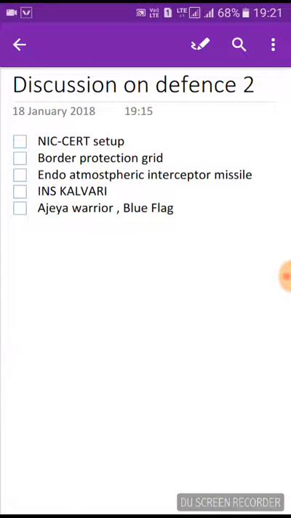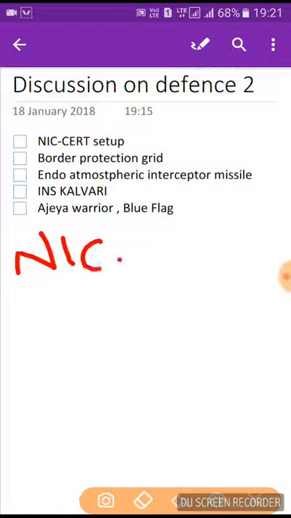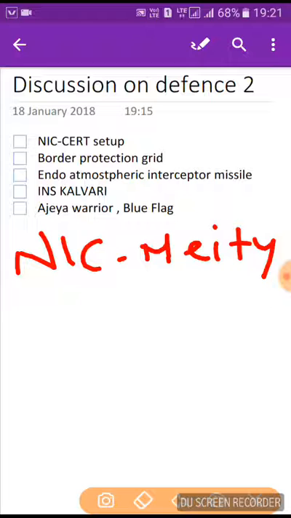NIC is under MeitY, the Ministry of Electronics and IT. Its key role is in e-governance at national, state, and district level, which means it works at three tiers.